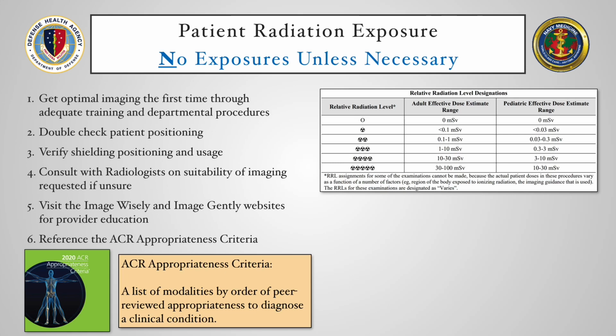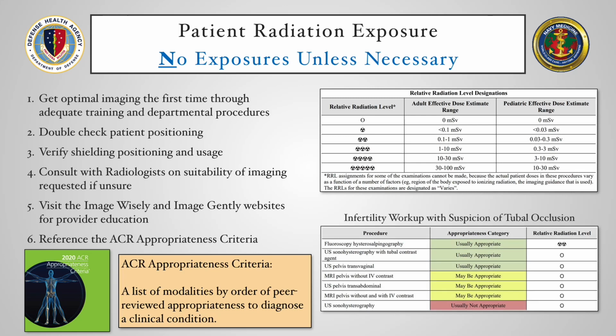Recall from our radiobiology discussion that pediatric patients are at inherently higher risk from exposure, so the relative radiation level dose estimate ranges for pediatric examinations are lower than compared with the adults. Reviewing the ACR appropriateness criteria for females with infertility and suspicion of tubal occlusion on initial imaging, an HSG is considered usually appropriate, which is attributed to the success of the HSG by increasing pregnancy rates up to 38%.